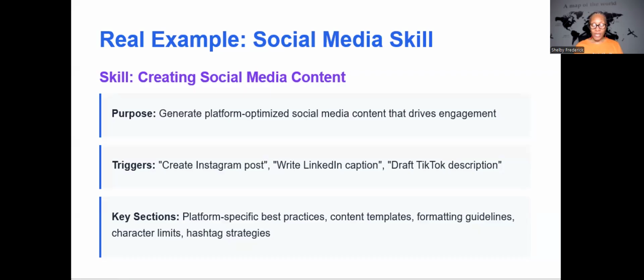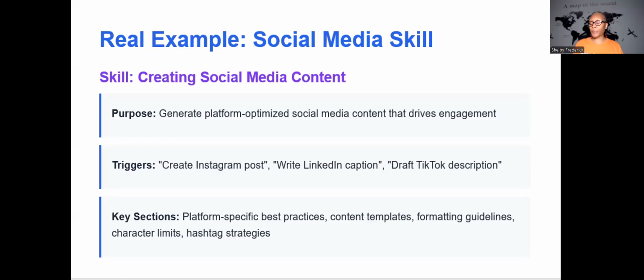Okay, all right. So let's get into our real example. Our real example would be to create a social media skill, and this skill would be specifically for creating social media content. For the purpose, you would put in the document: generate platform optimized social media content that drives engagement, or whatever that purpose is.